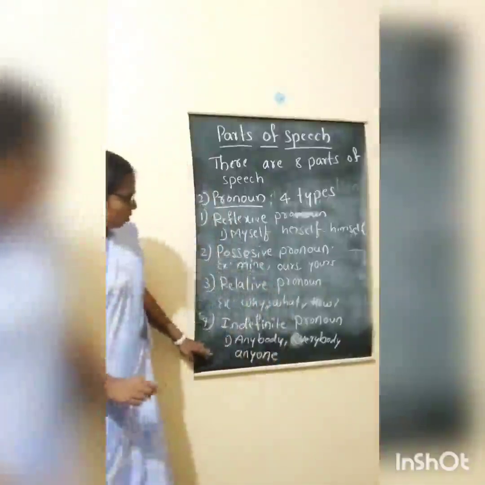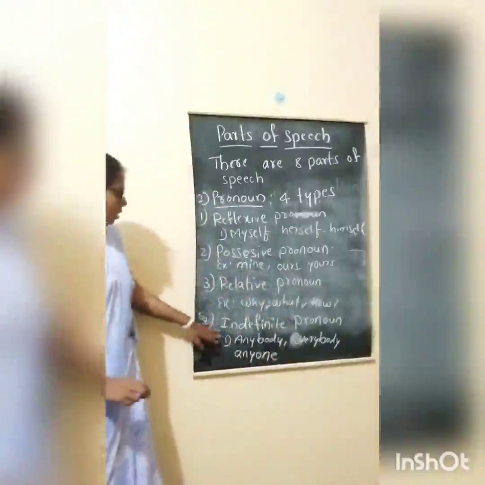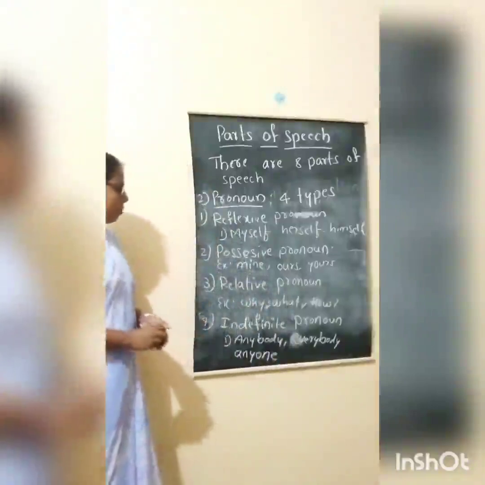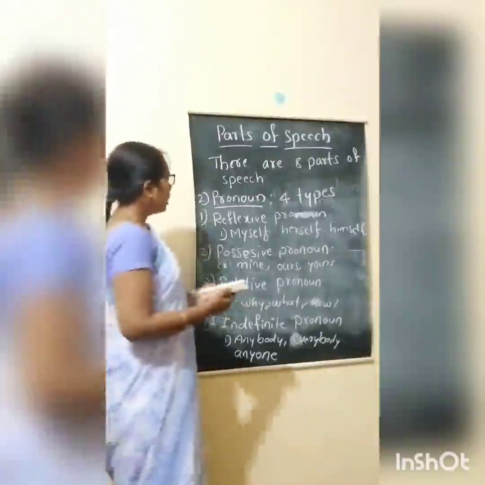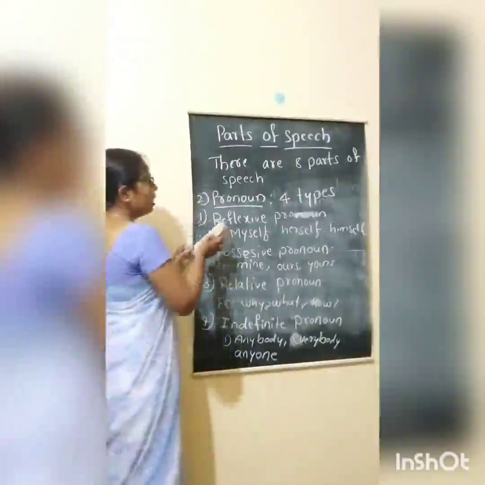This type of words comes in a sentence. These are called indefinite pronouns. Now I am going to explain the third one, verb.